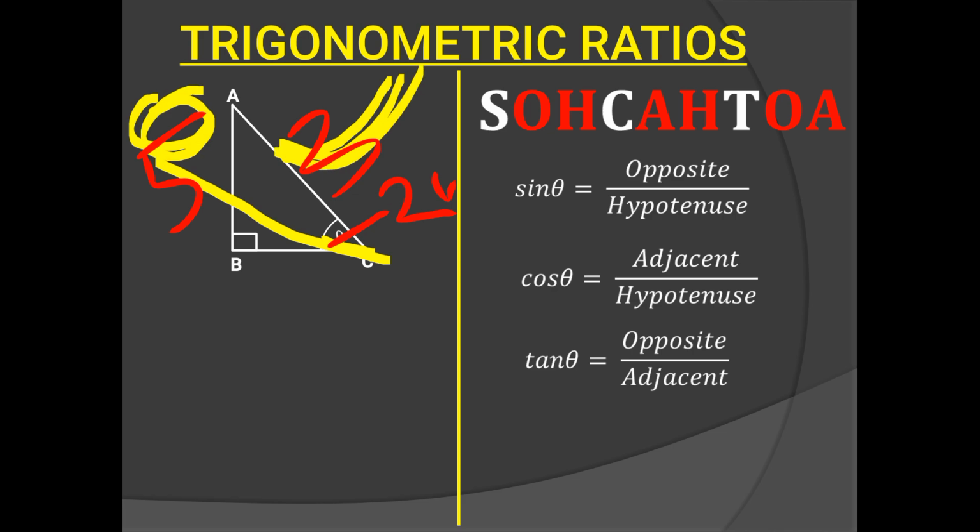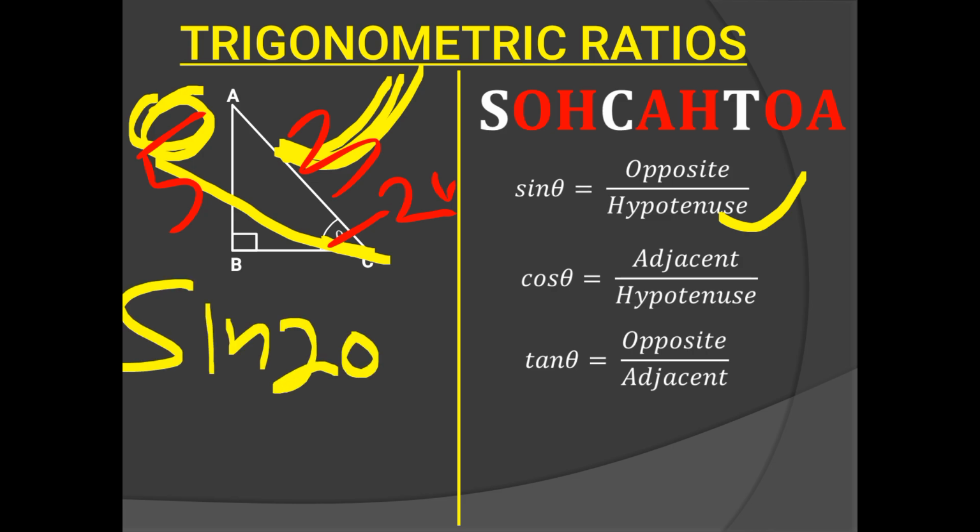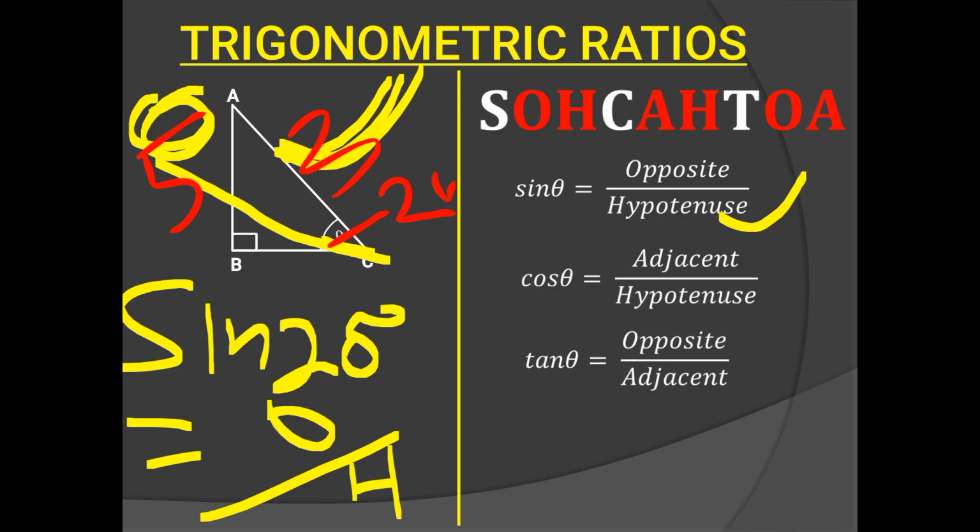We are going to use the ratio that has hypotenuse and opposite. So let's see. This one has hypotenuse and it has opposite. Can you see that? The sine has hypotenuse, it also has opposite. So we are going to use sine 20 degrees is equal to opposite over hypotenuse.